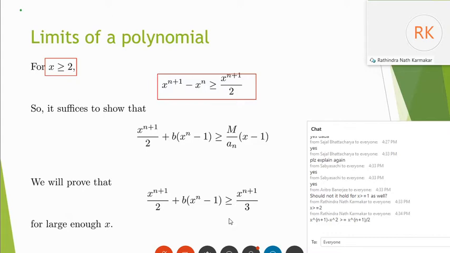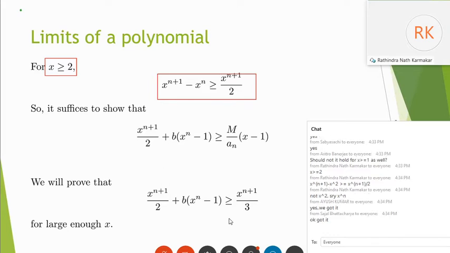This should not be x square, it should be x^n. So it's simple, just transfer x^(n+1) by 2 to this side and x^n to that side. There was one student who asked this, so if you reply then I will continue.